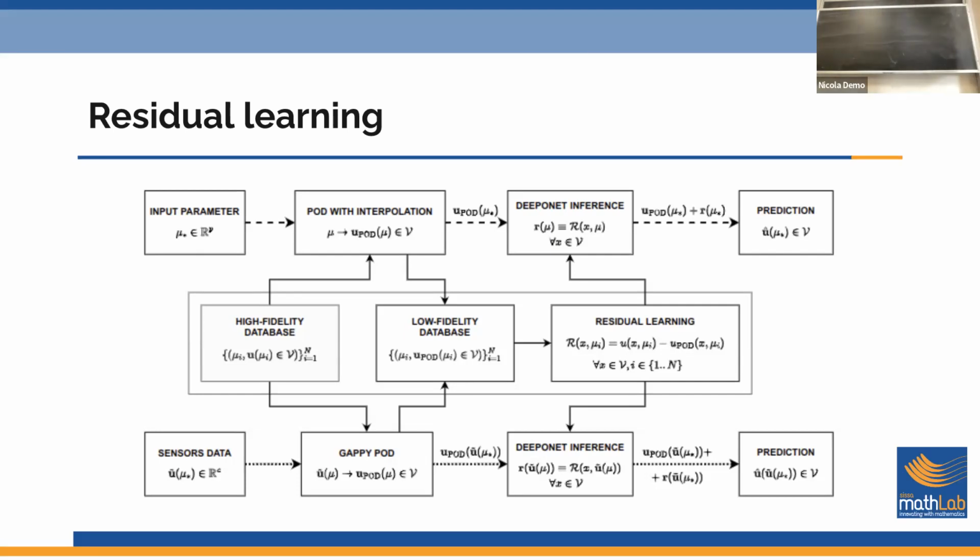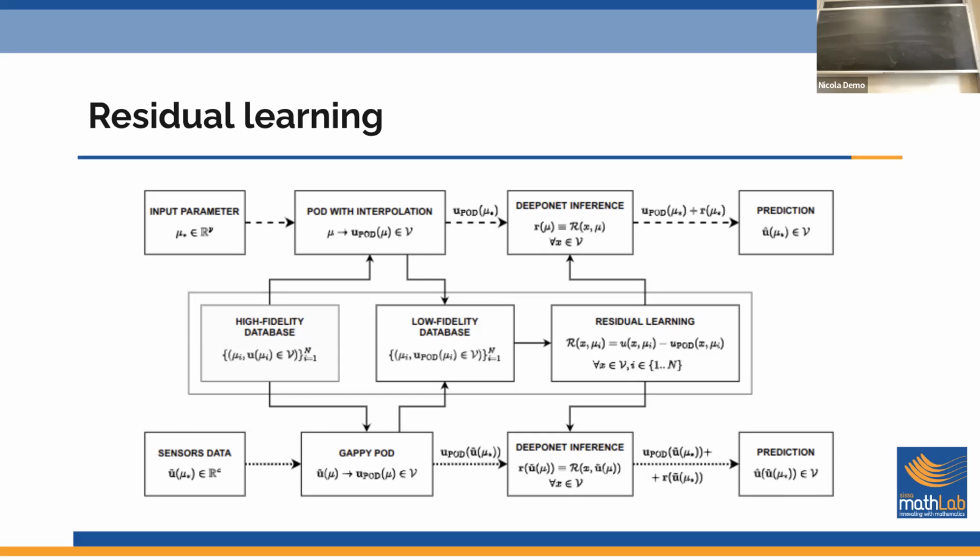So at the end, just to let you see the entire pipeline, you have the parameter. Everything is already trained, so you already have all the components. You have a new parameter. You can ask for the POD solution for that, very easy. This is the standard POD with interpolation.